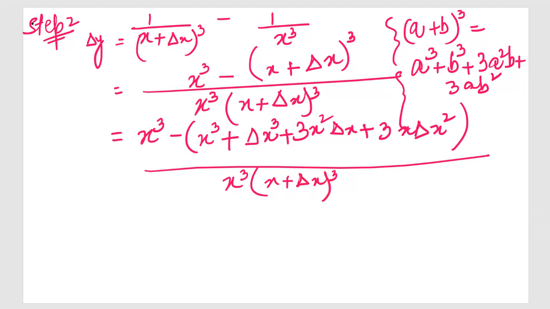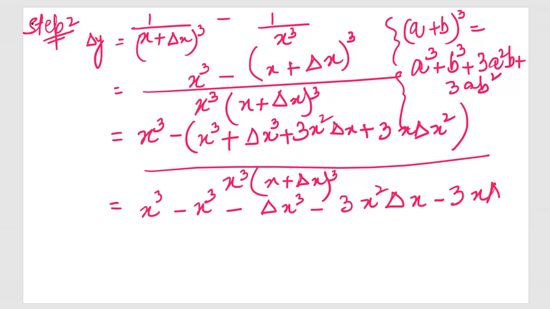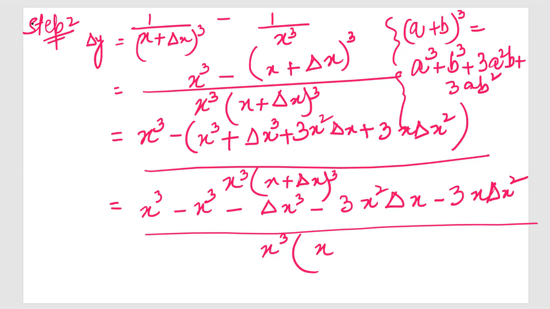See here we have a negative sign, so it will change all the terms. Whatever sign you have inside the parenthesis, it will change because of the negative sign. It will now be negative delta x cube, negative 3x square delta x, negative 3x delta x square, whole divided by x cube into x plus delta x whole cube.